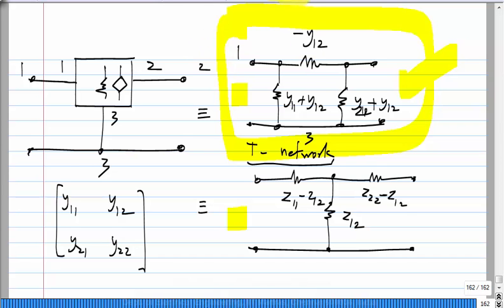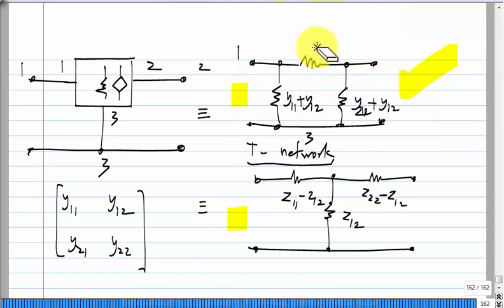Okay, one suggestion is you replace this with a y12, replace this with a dependent source. What kind of dependent source? Voltage controlled current source. In which direction? And what's the value?